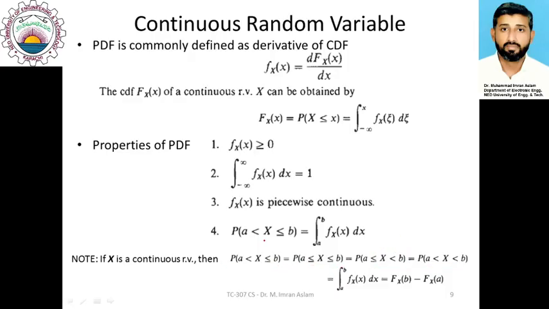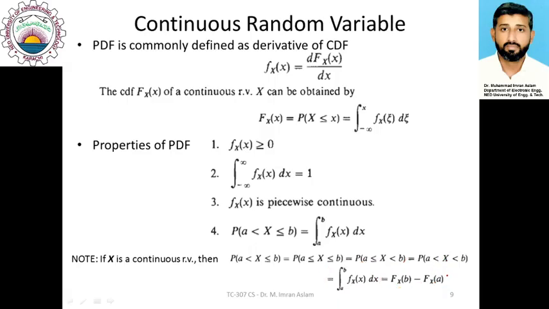In a discrete random variable, they are different. In discrete cases, of course, you have to consider whether the point is included or not. But for continuous random variables, all these four possibilities are exactly the same, and they are calculated in the same way. From PDF, you calculate by integrating, and from CDF you calculate the difference between the CDFs of the two points. That means you subtract the CDF at point A from the CDF at point B.